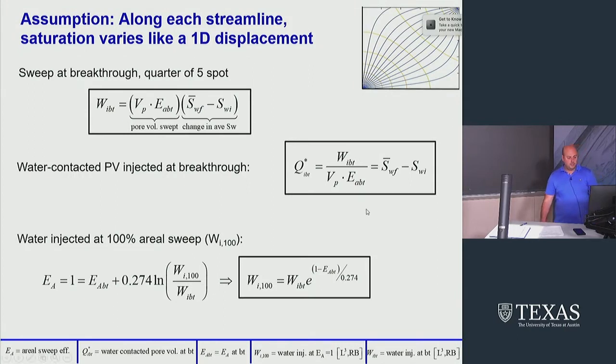Okay, so this is the dimensionless time at breakthrough. What about the dimensionless time after breakthrough? We're going to split it up into two different regions. The first region is from breakthrough all the way to where we get to 100% sweep efficiency. And the second region is after 100% sweep efficiency.